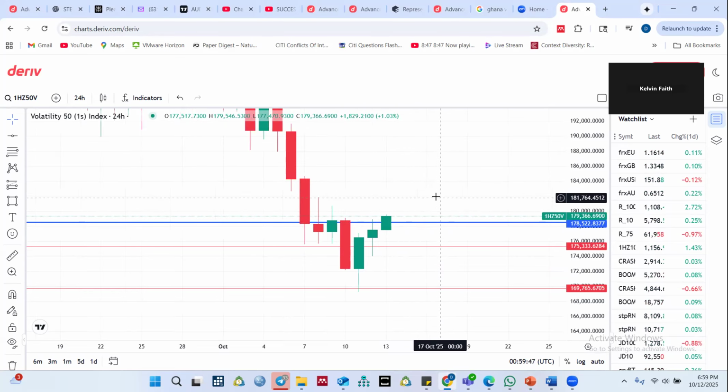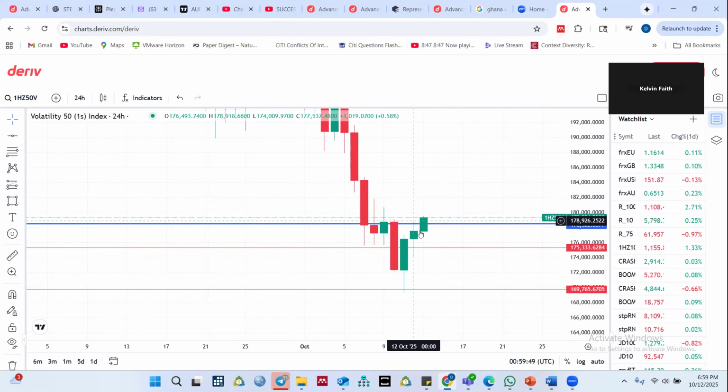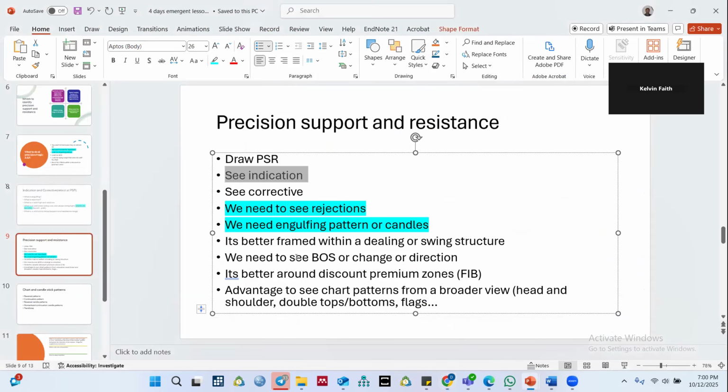So we don't have the 100% confirmation yet that buyers are in charge, but we know that sellers have told us that they want to be in charge below the blue line and the red line.